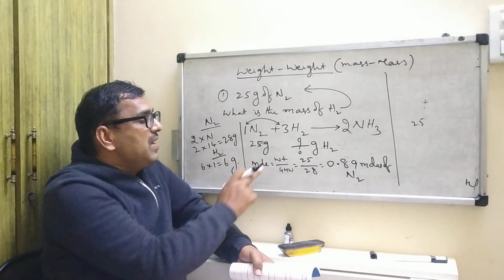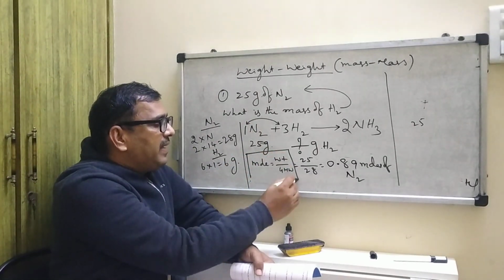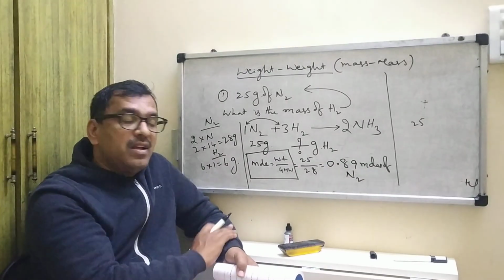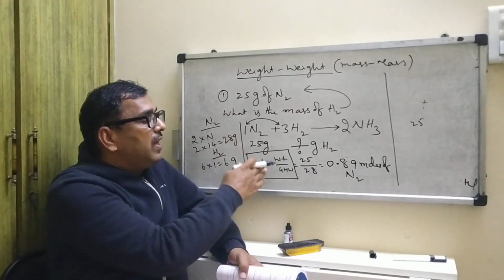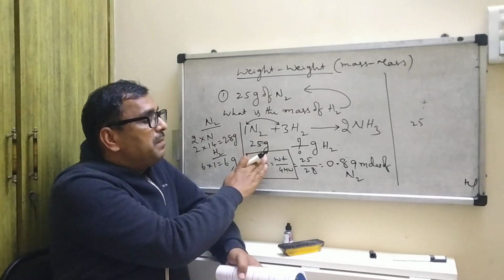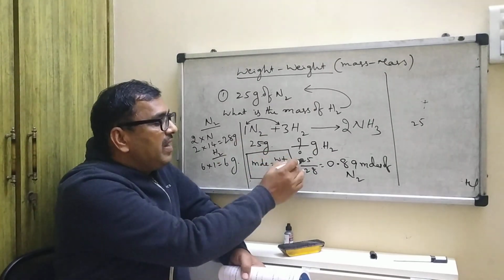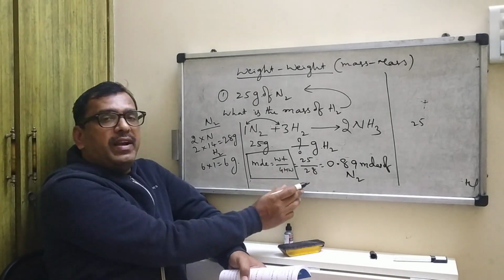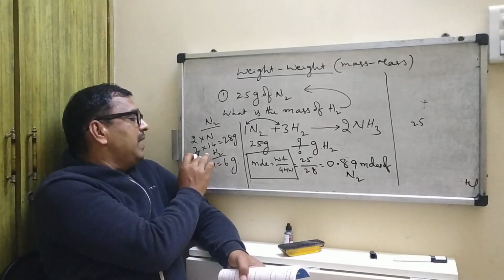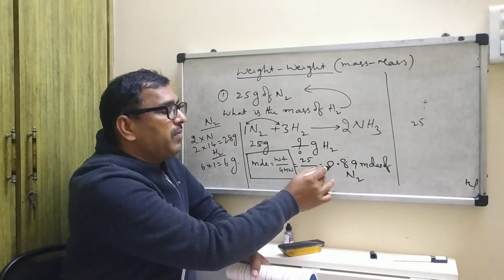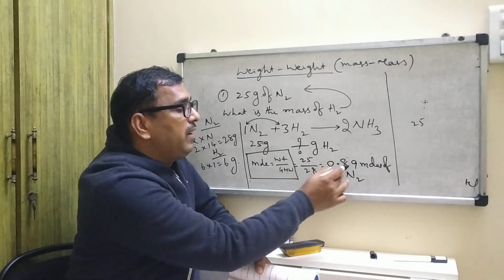This is the equation for the conversion of mass into moles: weight divided by molecular weight. So 25 by 28 is 0.89.